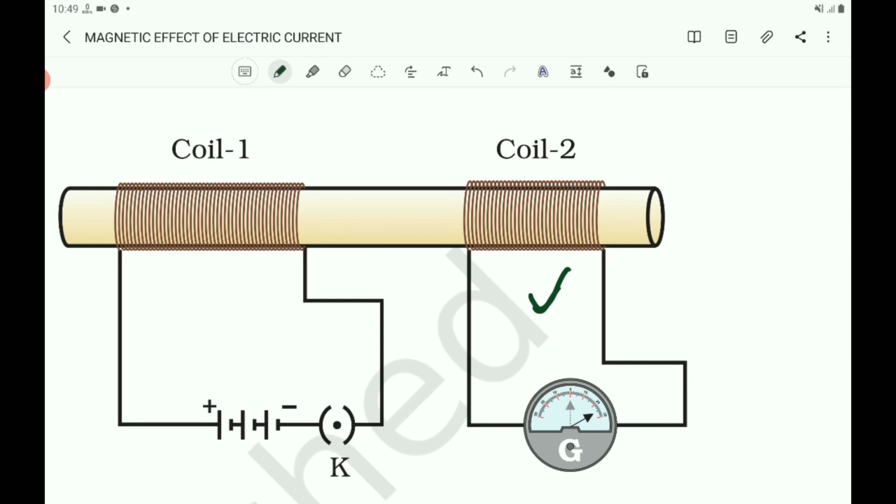That is the second way. Normally we can induce current in a coil either by moving it in a magnetic field or by changing the magnetic field around it. That is by using a magnet and a coil.